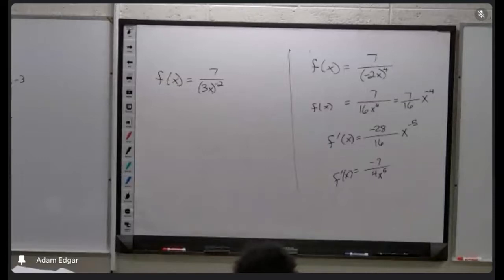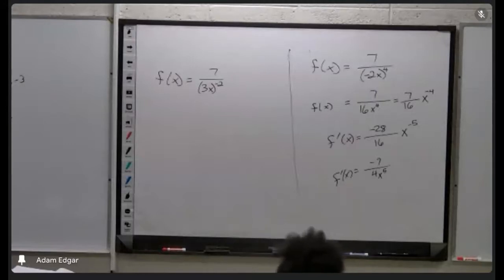What's 7 divided by 9? That's a lot easier to work with. And then you have 7 times 5, that is x squared. That's cool.